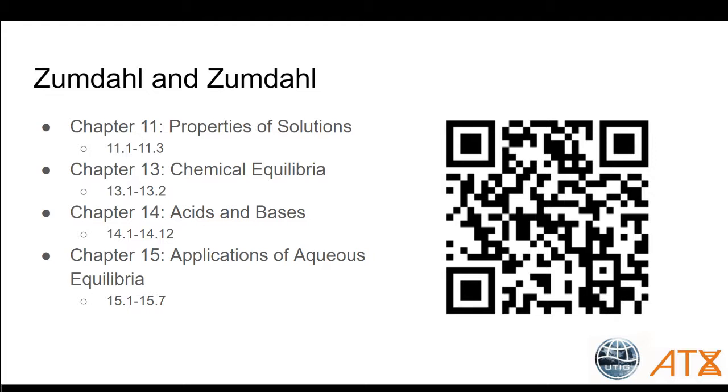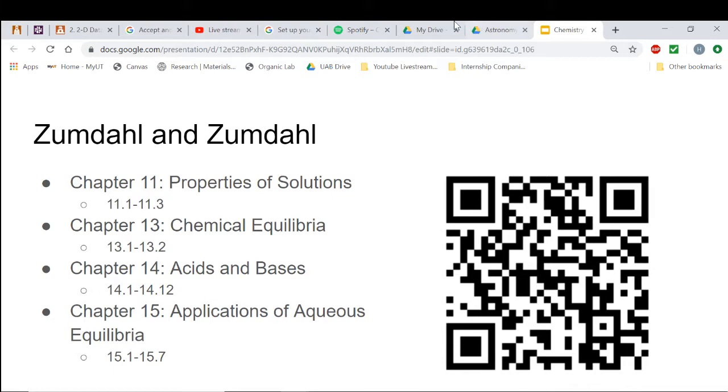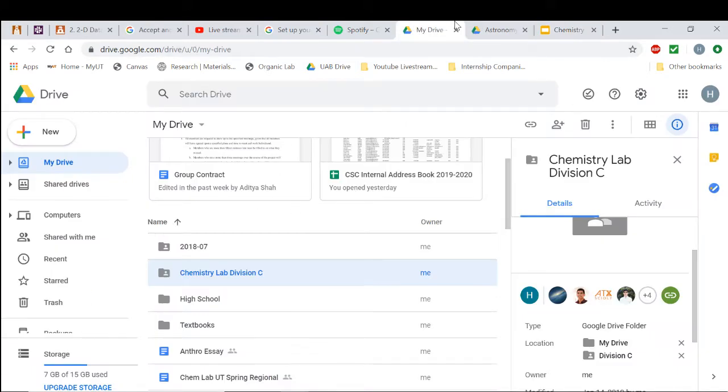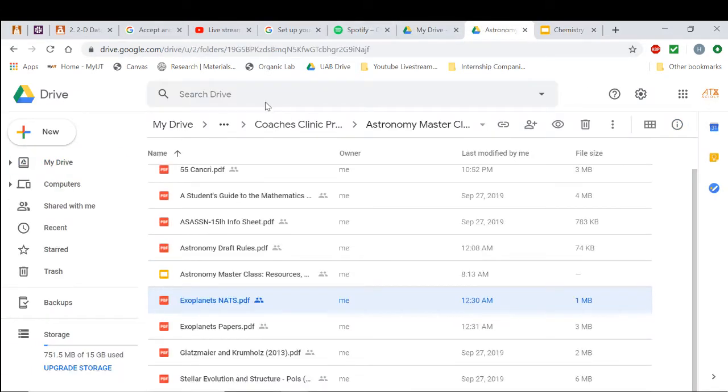Acids and bases, of course, that entire chapter is amazing to understand acids and bases as a fundamental concept. And then chapter 15 is applications.